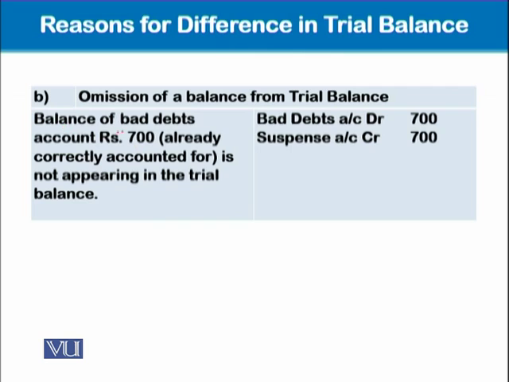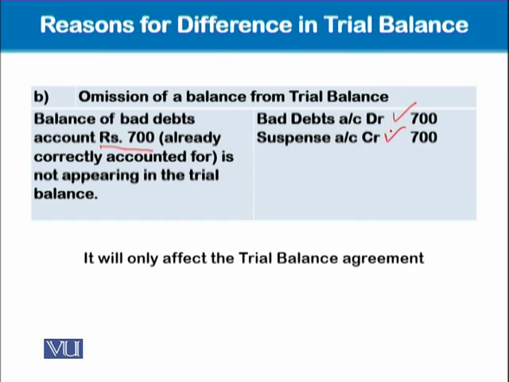See, bad debts balance of 700, already correctly accounted for, is not appearing in the trial balance. We forgot to put this 700 bad debts in the trial balance. So now bad debts will be debited and suspense account will be credited. This will also affect the trial balance agreement only. The ledger account is correct.